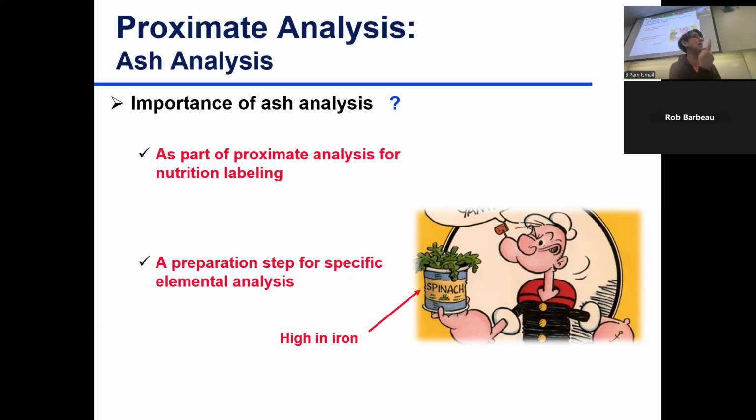We also measure ash content in our lab quite a bit. Why? For extracted protein. When we extract protein in our lab, a lot of the time you have to increase the pH and then reduce the pH. So when you add NaOH and then add HCl, what are we creating?